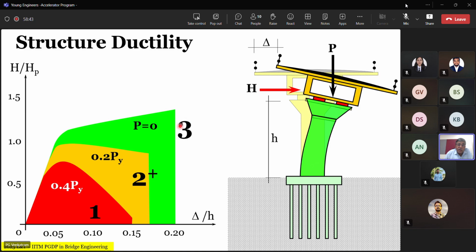So this measure H by HP keeps on dropping, and therefore you will end up having the loss of structure ductility due to the presence of axial load at a level when compared to the axial load capacity of the column section itself. So please remember this phenomenon very carefully when you're doing the sizing.